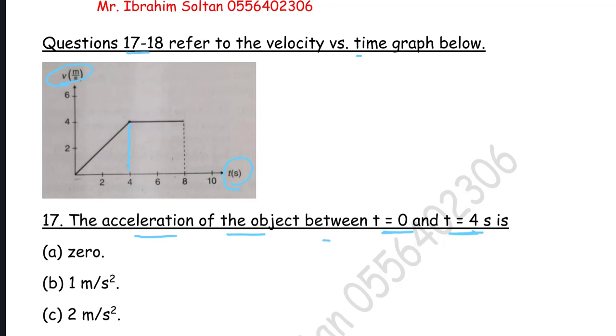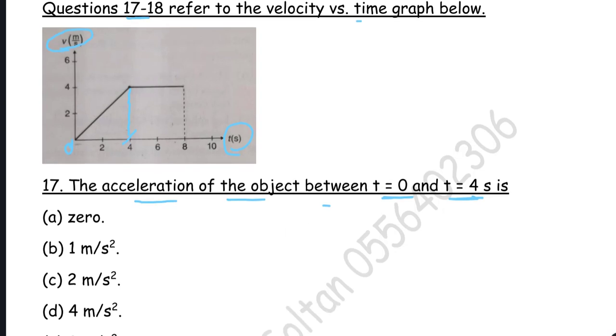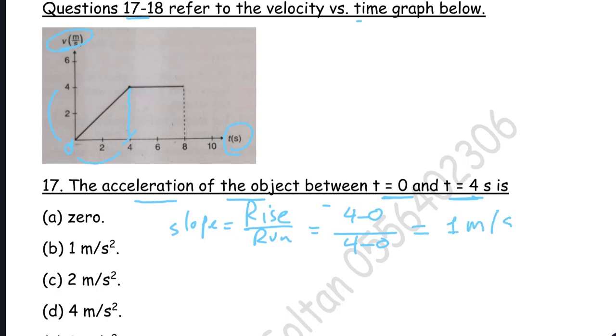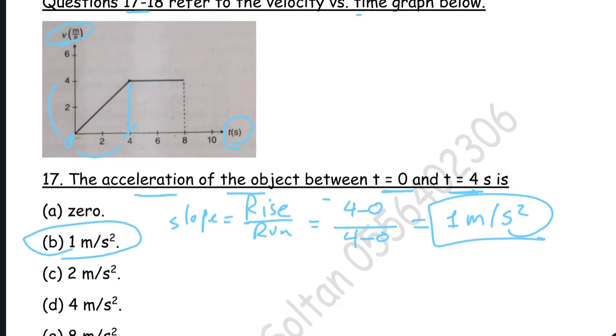So he needs to calculate acceleration between time 0 and t equal 4 seconds. So let's calculate the slope. The slope, rise over run, right? Equals 4 minus 0 over 4 minus 0, right? Equals 1 meter per second square. So the acceleration is 1 meter per second square.